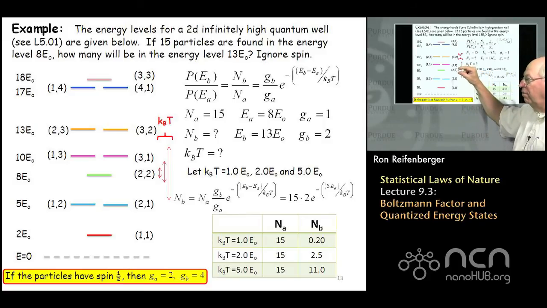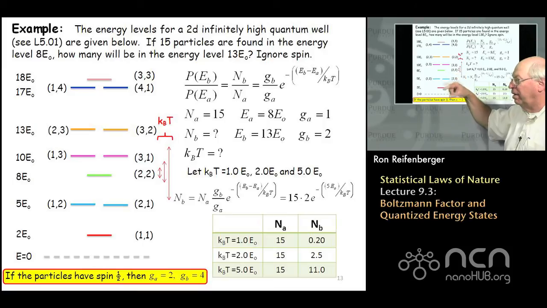And if you look at the length of these arrows, they specify what kT is with respect to these energy levels. So this value of kT corresponds to an energy of E0 on this plot. This value of kT corresponds to a unit of energy of 2 E0 on this plot. And then this value of kT corresponds to an energy of 5 E0 on this plot.